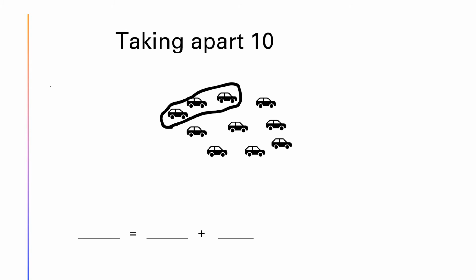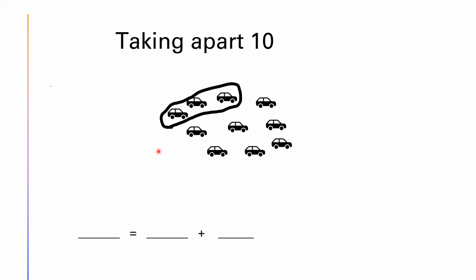Kindergarten, remember our job today is to use our picture to write a matching equation. An equation has a whole and it has two parts in it. So we need to be able to find the whole in this picture and the two parts. Do you see two number parts?